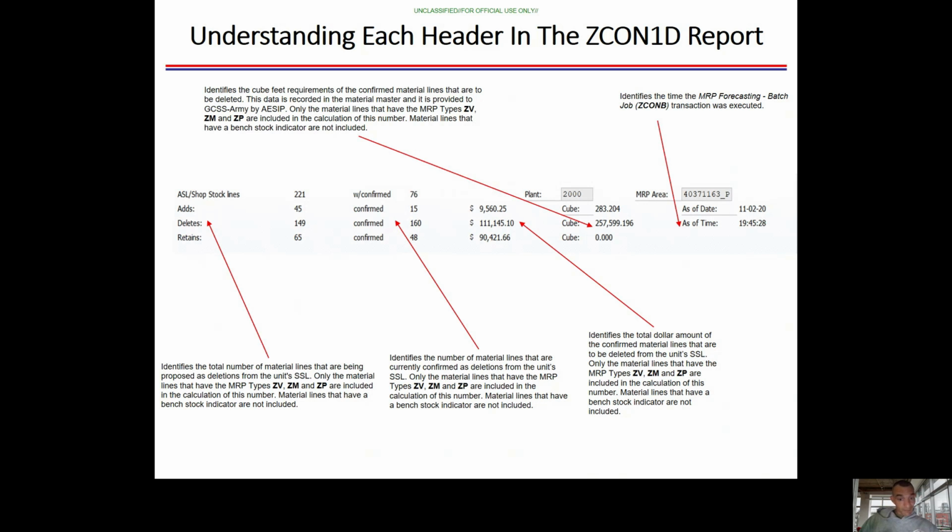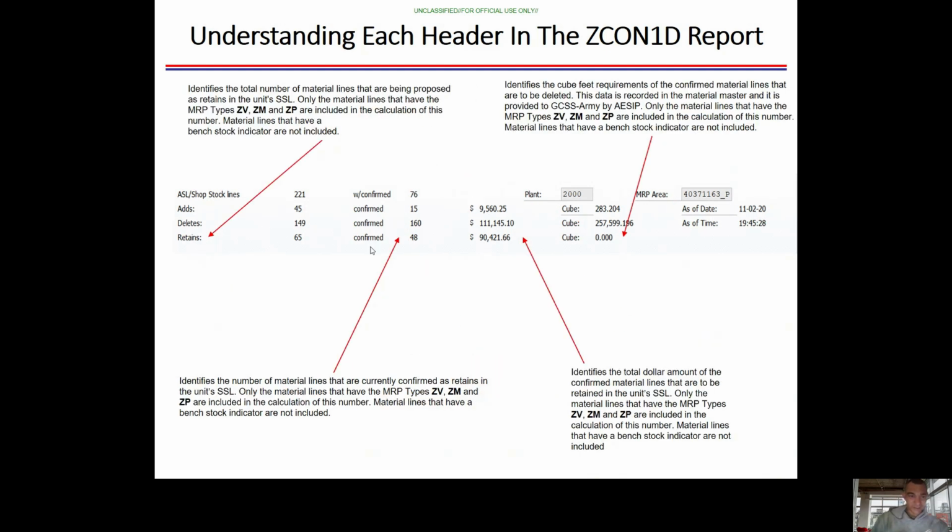Same thing applies, same type of MRP areas, and it does not include bench stock indicators. And then your dollar amount, of course, is telling you how much total dollar amount is confirmed out of those. For example, 160 lines, 111,000 of them are going to be deleted. And then your as of time, self-explanatory. That's the time you ran the ZCON Bravo batch.